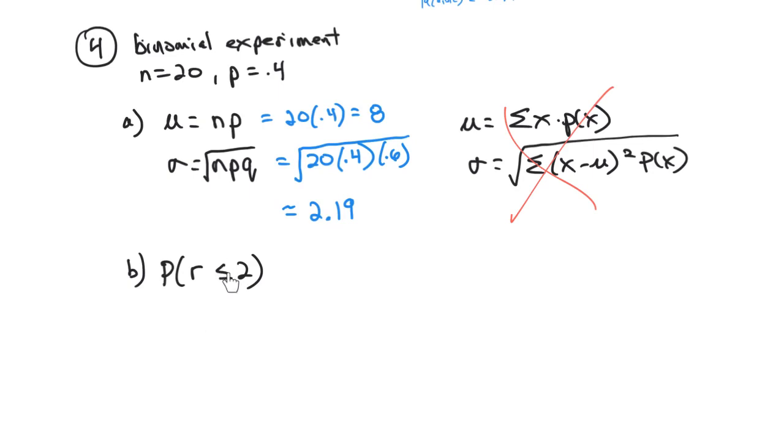CDF is if we have a less than or a greater than, with or without the equal sign. But the perfect one is less than or equal to 2, because that means R could be 0, 1, or 2. As long as we're starting at 0, we're good to go with binomial CDF. We don't need to go 1 minus because we're starting at 0. So we could just say this is equal to binomial CDF n, p, r. Remember, CDF starts at 0, goes up to and includes this one.